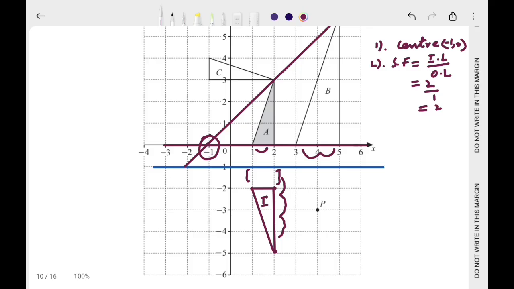Just join their corresponding corners. Have you seen, students, after joining they are not parallel? It means this is not a reflection, this is a rotation case.